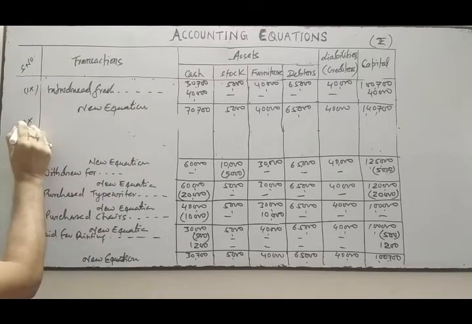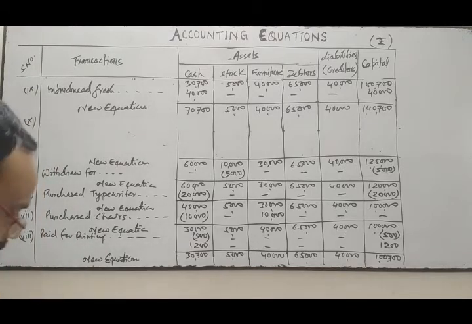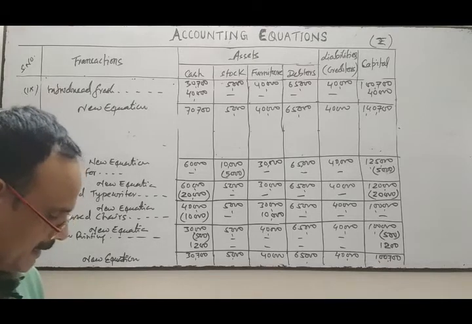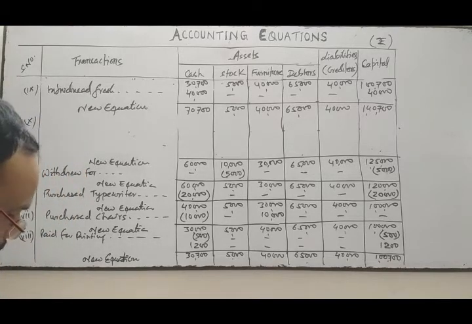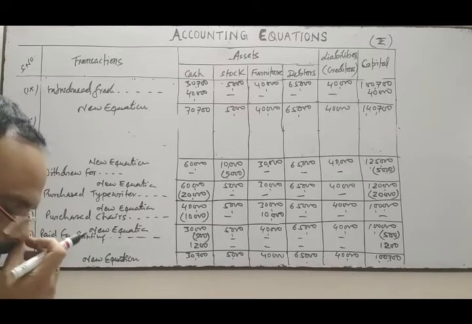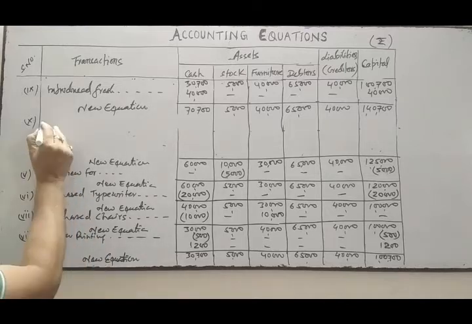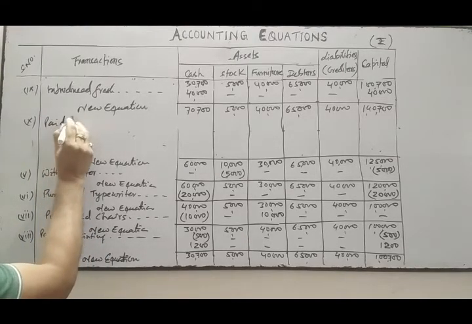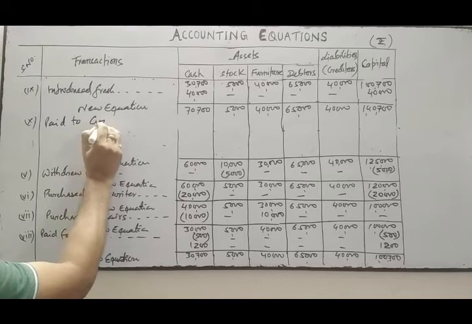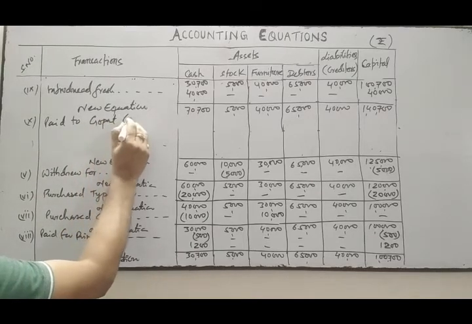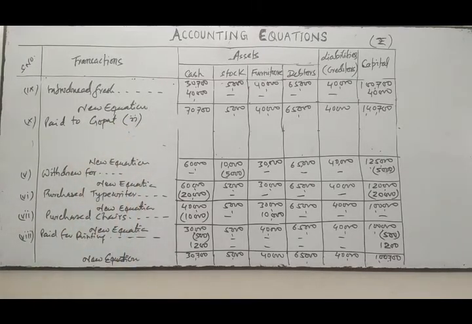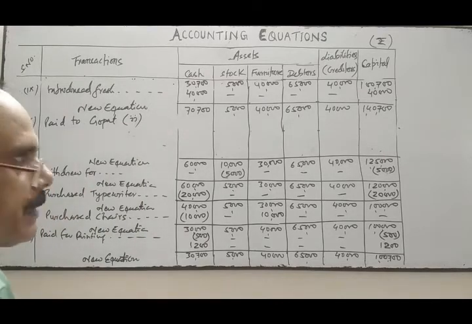Now transaction number 10, which is the last one: paid to Gopal. Who is Gopal? Gopal is the creditor. It is related to transaction number 2, where we purchased goods from Gopal on credit.